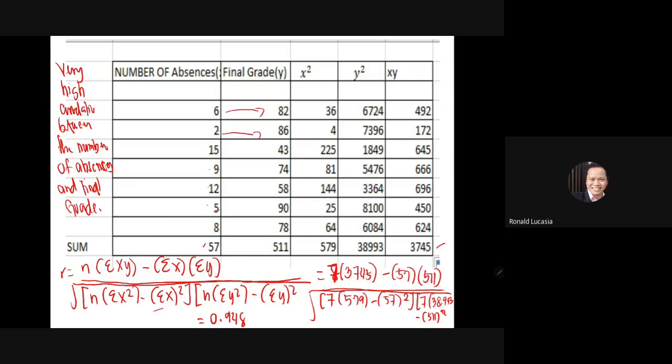Okay? Let's go back to our lesson in grade 7 about levels of measurement. We have there nominal, ordinal, interval, and ratio. When you are asking only what's the political preference of the respondents, we cannot use the Pearson r because it's only nominal.